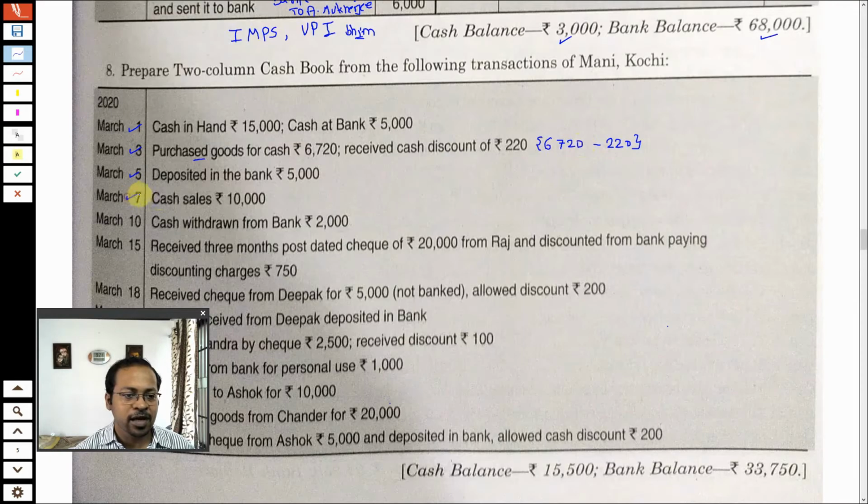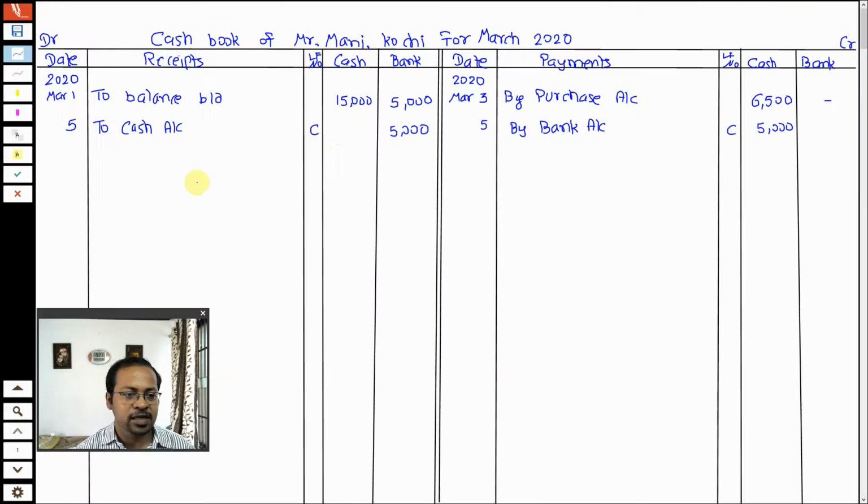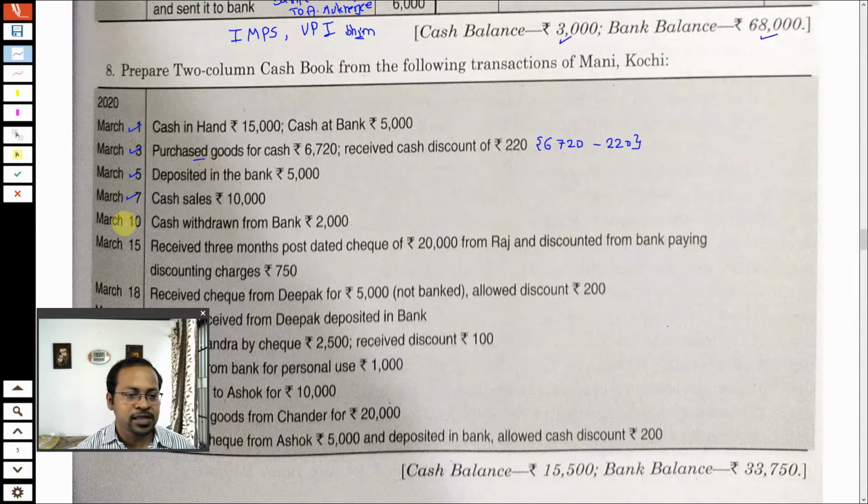Next we have cash sales 10,000 on March 7. So 10,000 cash I will receive on March 7. So cash account debit to sales account credit. Next is cash withdrawn from bank 2000. Again it is a contra entry. Cash withdrawn, so cash is coming in to the business.